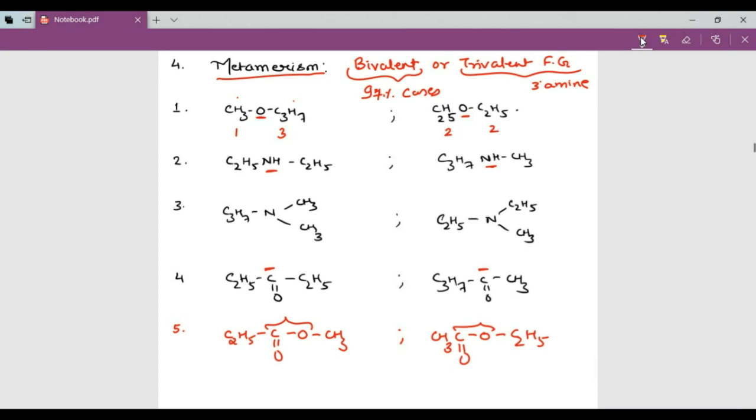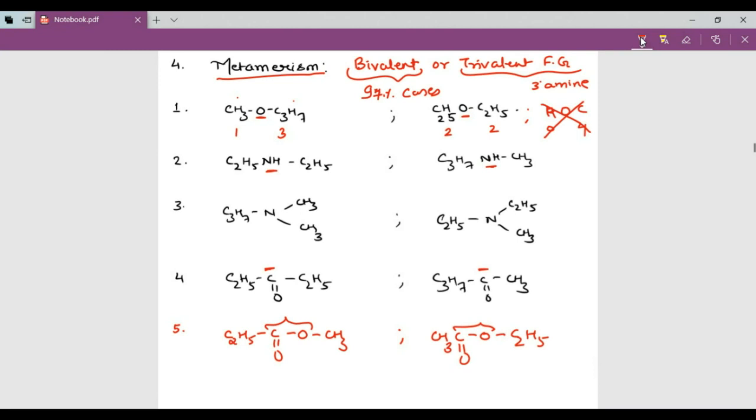Okay, otherwise, just hypothetically I'm talking, you create a condition where the carbon count here is 0 and here it is 4. If it is 0, it will become an alcohol, which is definitely not metamerism. It will go into the category of functional isomerism. So while doing this whole thing, check whether the carbon count on the two sides is being changed or not.